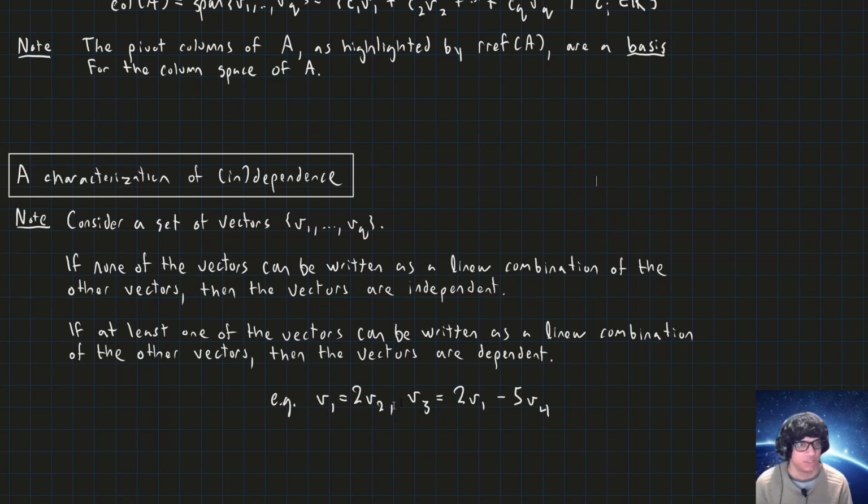But it can be more than just a multiple. Suppose we have v3 is equal to 2 times v1 minus 5 times v4. This shows that v3 is a linear combination of v1 and v4, so this set will be dependent as well.